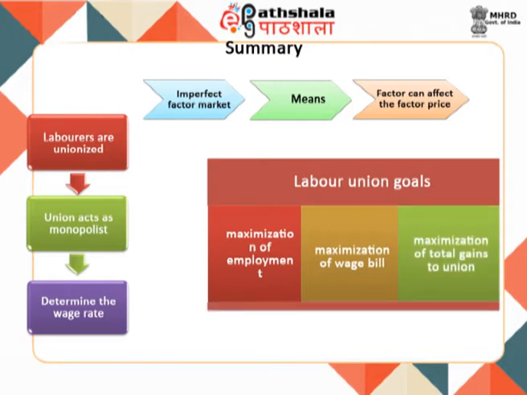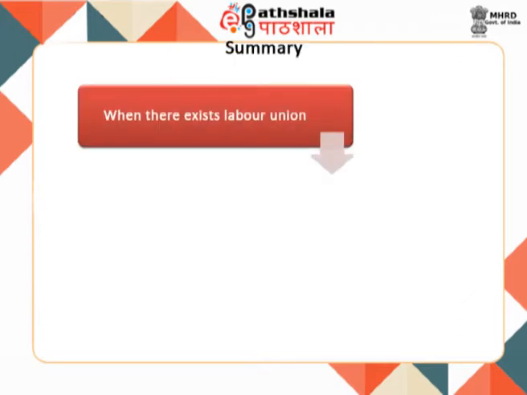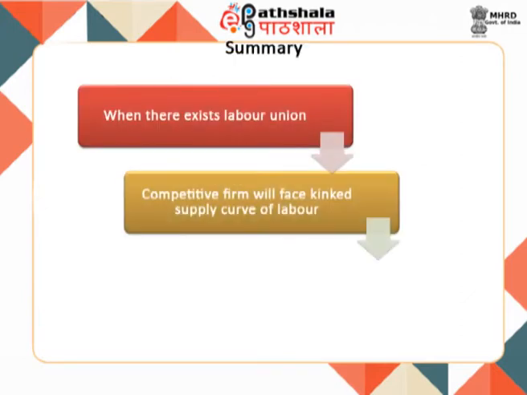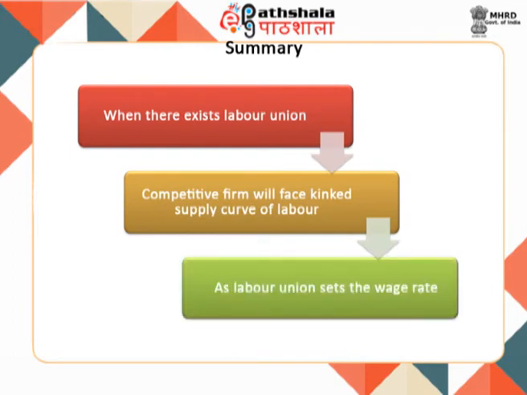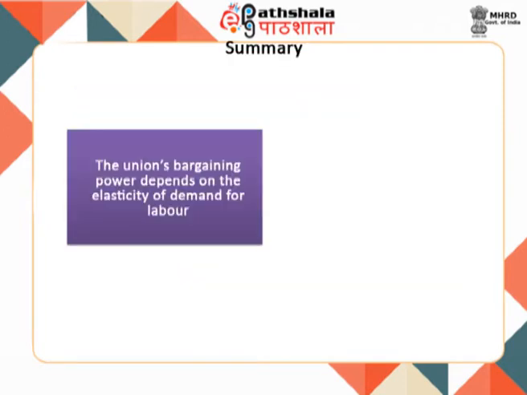When the product market is perfectly competitive, a labor union can fulfill any of these goals. When there exists a labor union, a competitive firm will face a kinked supply curve of labor as the labor union sets the wage rate. The union's bargaining power depends on the elasticity of demand for labor.